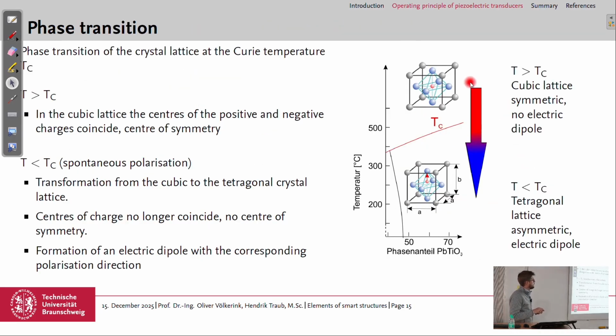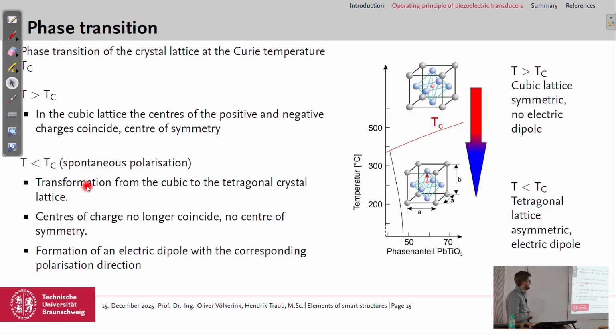So for the cubic lattice, if we are above the Curie temperature, we have no electric dipole, so no piezoelectric effect, because in the cubic lattice, the center of the positive and negative charges coincide with the center of symmetry. And if we cool it down below the Curie temperature, we get the spontaneous polarization.